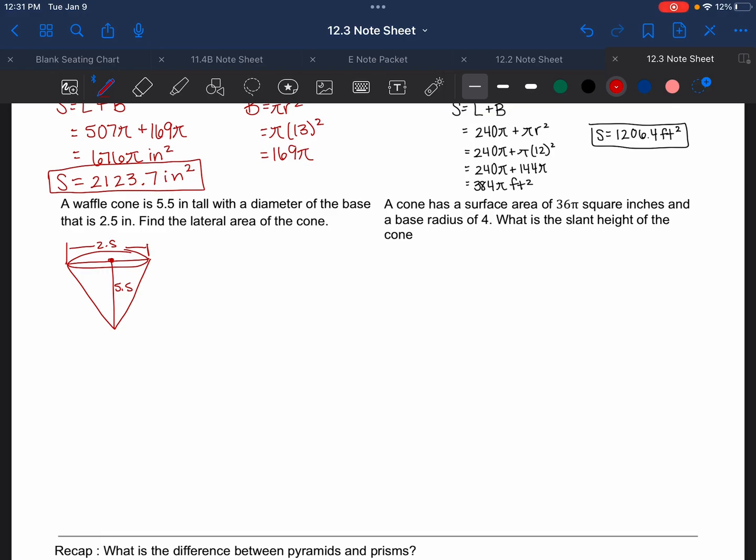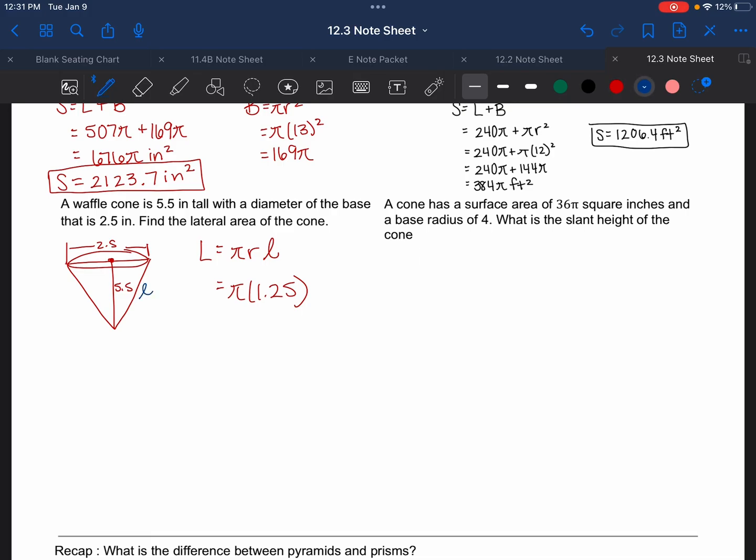We need to find the lateral area of the cone. So the lateral area is pi r l. The radius of our base circle is half of 2.5, so the radius is 1.25, but we do need to find the slant length, which is this length here.